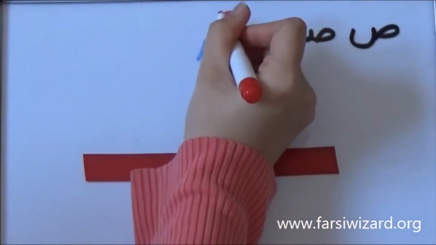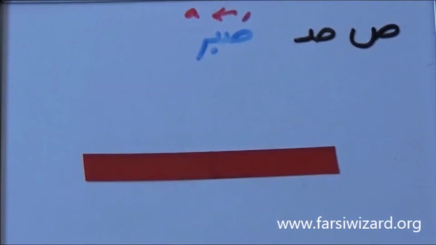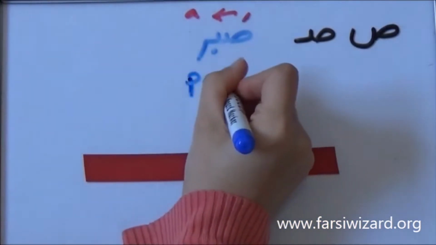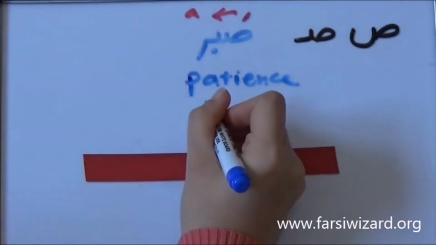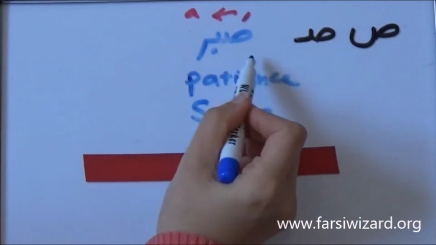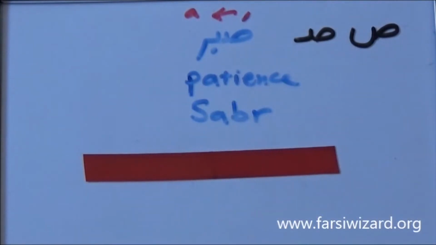And here we have the short vowel A on top of Sad, which will make it sound as Sa, Sabr. Now, Sabr is an actual word, it means patience in Farsi. Probably you have heard it in phrases or actually in sentences like Sabr kon, be patient, but in reality it's wait.